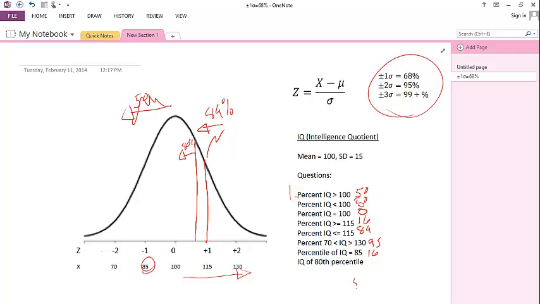So it'd be 50% plus about, it's not quite 34%, so 30%, so I don't know, 25, 30%. So 75, 80, so we'll call it 78. Oh, sorry, not 78. Between 115, so we'll call it about 110. So about 110, and we can check that later. So you should be able to do this in your head.